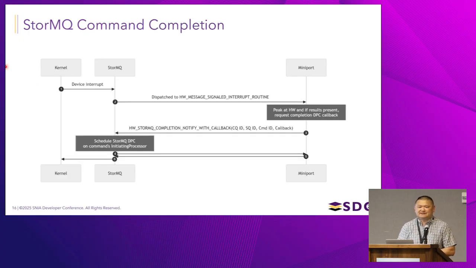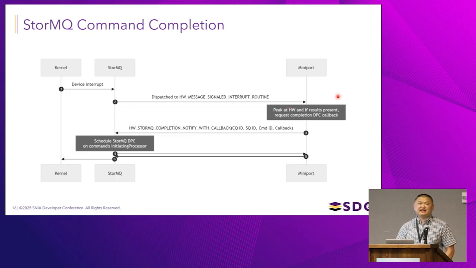On the completion side, I'm going through the workflow for an interrupt-based completion. When the command has completed, the device will generate an interrupt. As part of the typical StorePort model, StorePort will call into a miniport callback that's basically the ISR, the interrupt servicing routine.